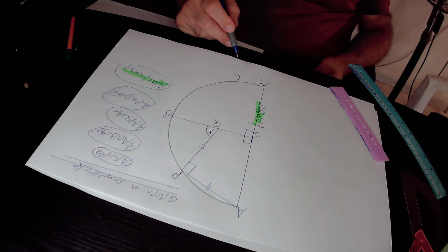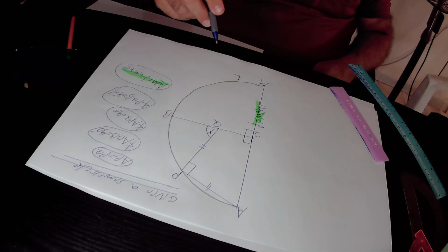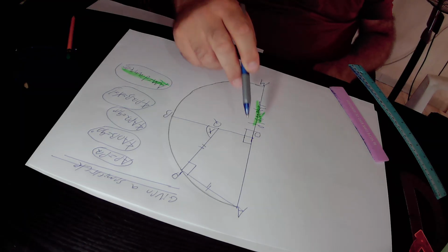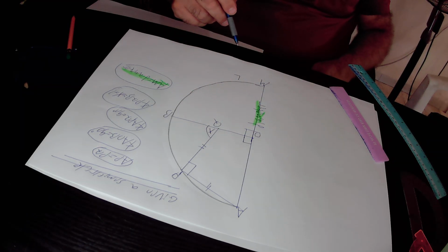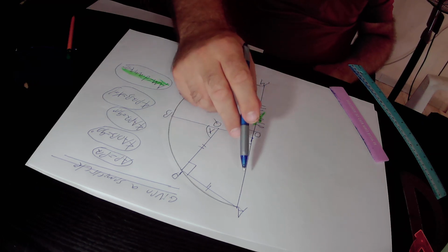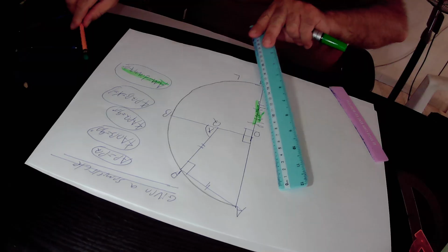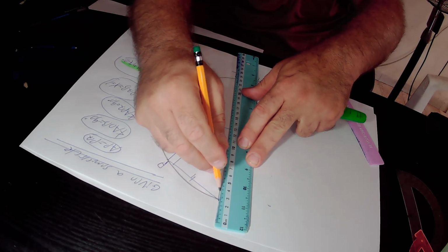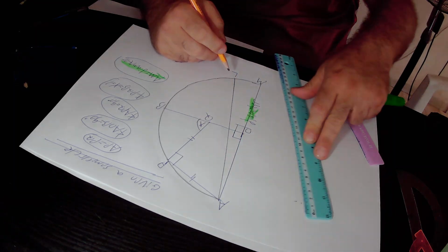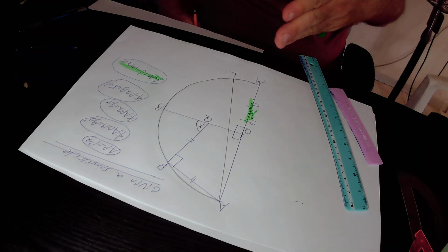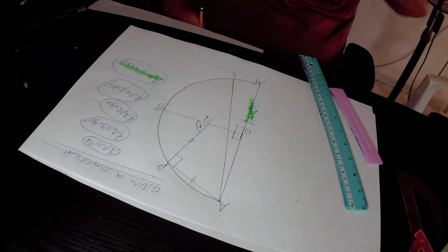According to our assumption, we have peripheral angle APL, and peripheral angle APL subtends chord AL. The problem is that chord AL cannot be the diameter of the semicircle because it doesn't pass through point O, that is the center of the semicircle.